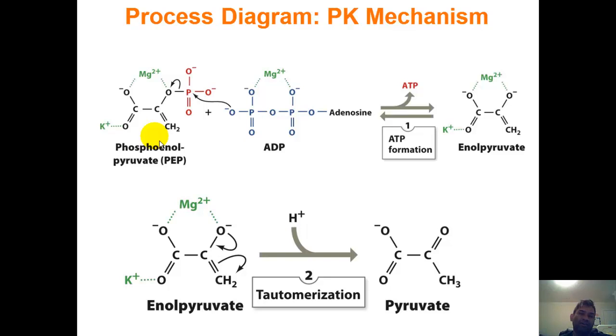Oxaloacetate actually comes from the TCA cycle. So everything is connected in metabolism. Here we have a metabolite from the TCA cycle, oxaloacetate, that can be converted to phosphoenolpyruvate. That's a 2-step reaction. And then from phosphoenolpyruvate, it's just all the way going back up to the gluconeogenic route.